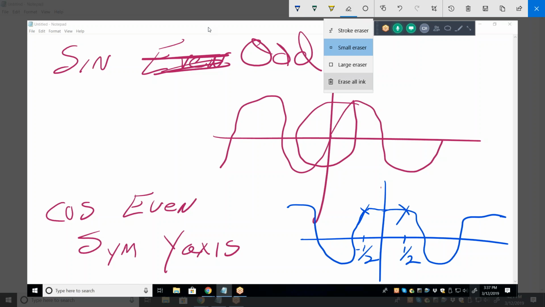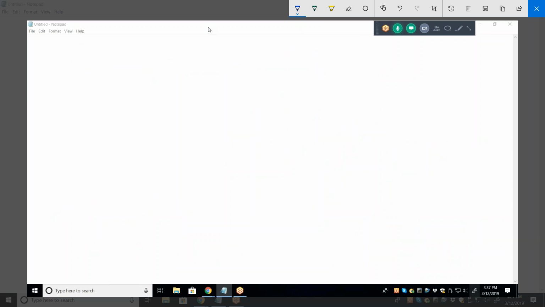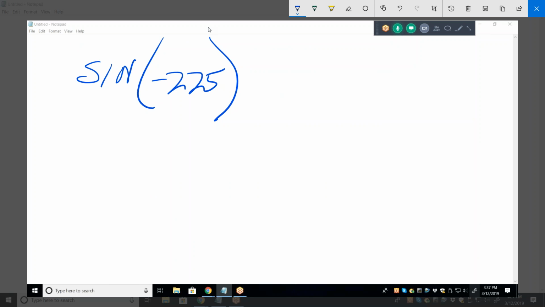Now, you don't have to do it that way. The other way to do it would be this. If I said, what's the sine of minus 225? Well, that is the same as the sine of what positive angle? No, just take 360 minus that.